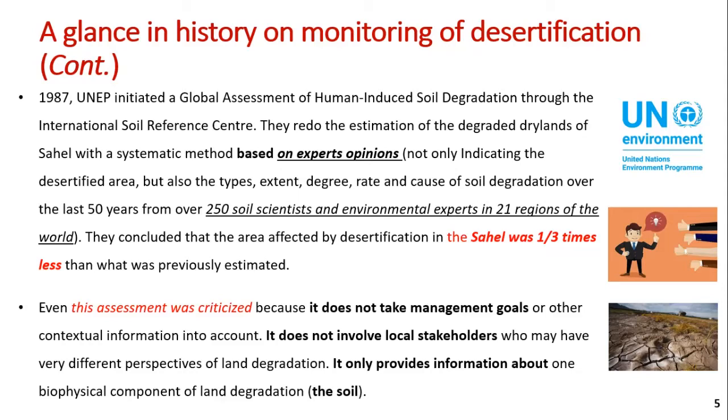It doesn't take the management goal. It does not involve the local stakeholders. It doesn't involve people. It didn't ask them and so on. And it only provides information about desertification on the environmental aspect, and specifically only about the soil. That's why it was criticized.